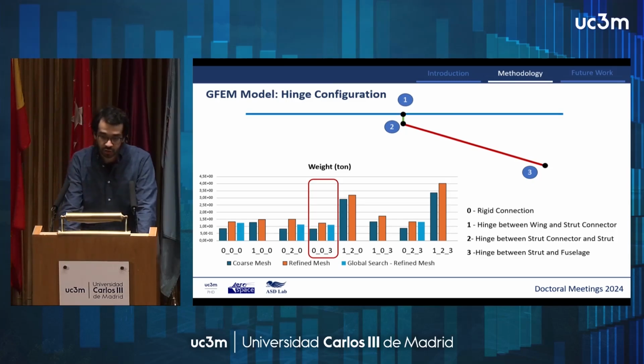To save computational time, we simplified the GFM into a beam model with a cross-section of a wing box, and we did a weight minimization, and we reached the conclusion that it was more advantageous to minimize the mass having only a hinge in position 3, so between the strut and the fuselage.